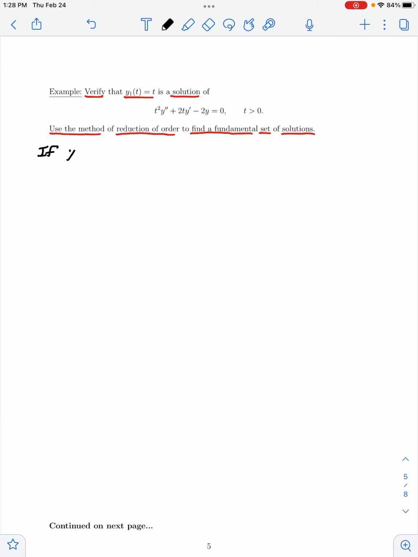So here, if we have the function y1 of t is equal to t, then our first derivative, y1 prime, would be 1, and our second derivative, y1 double prime, would be 0.